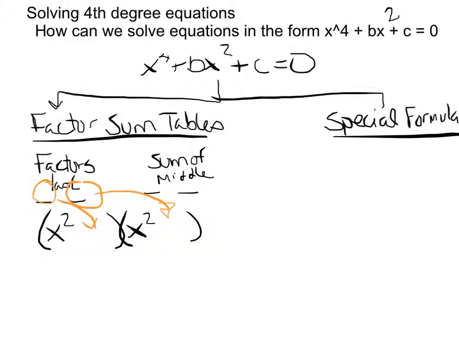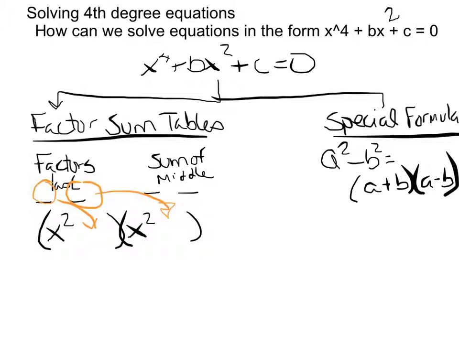The special formula I'm going to use, again, very nice, is going to be a squared minus b squared equals, I bet you know, a plus b times a minus b. The difference now is, how do I get a squared? Well, isn't x to the fourth the same thing as x squared times x squared?